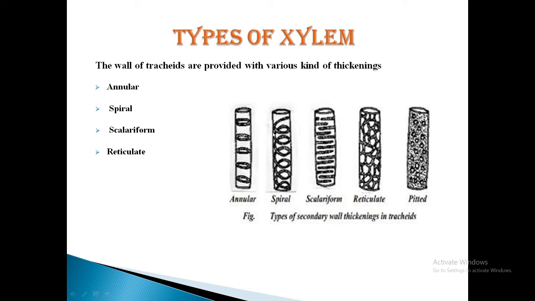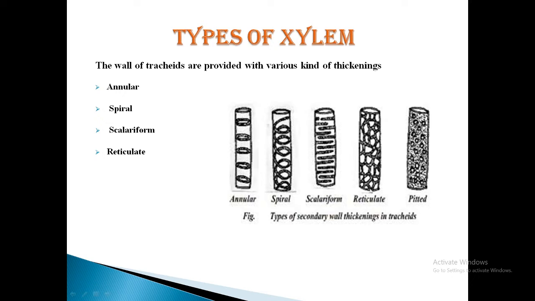Next is the spiral. The spiral type of thickening, where you can easily see the spiral arrangement, is known as spiral thickening in tracheids. Then scalariform means alternate, ladder-like thickening is formed, known as scalariform thickening in tracheids.